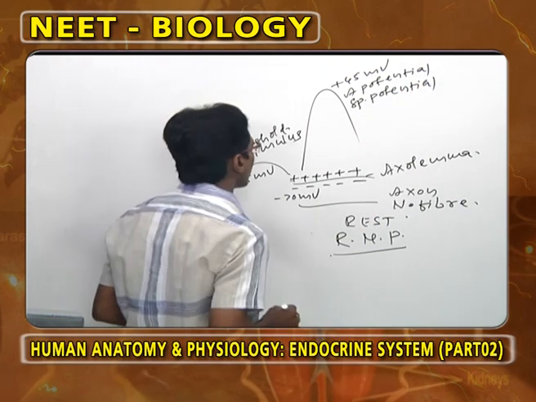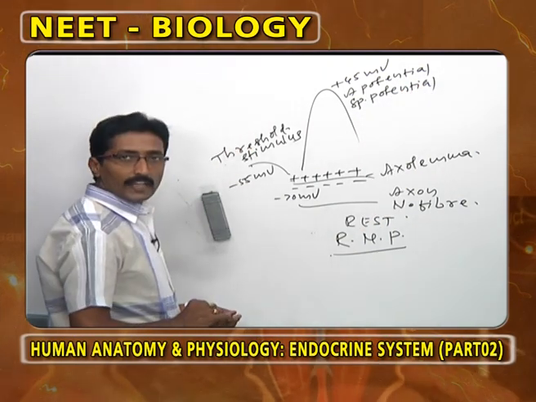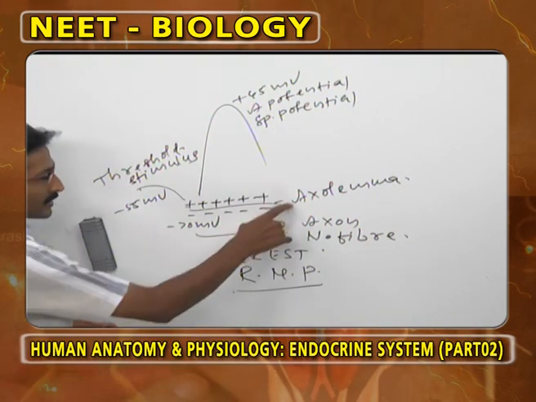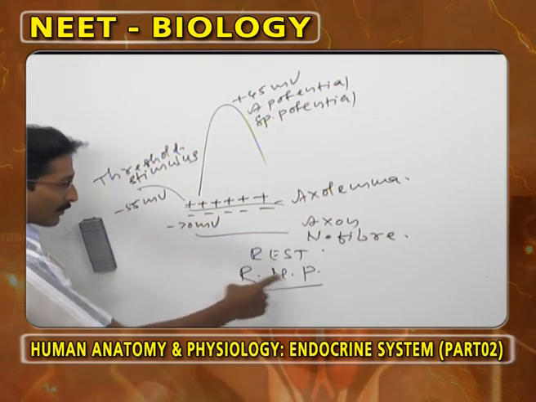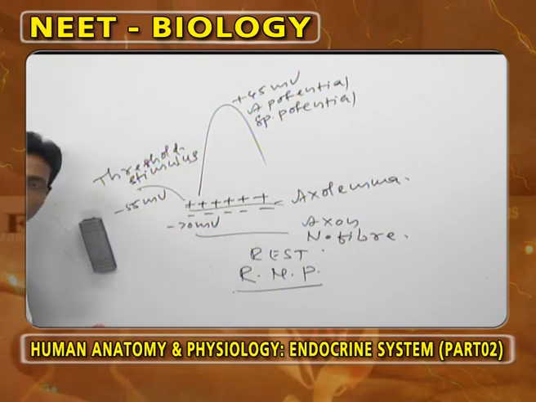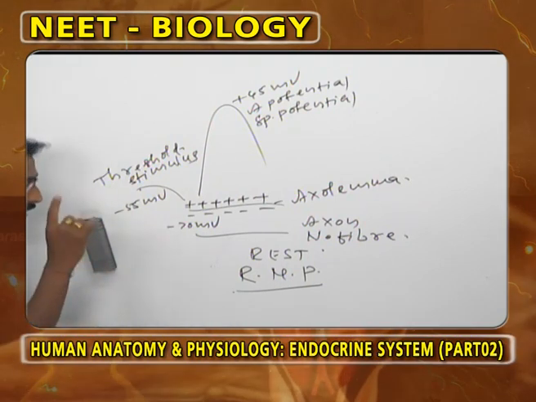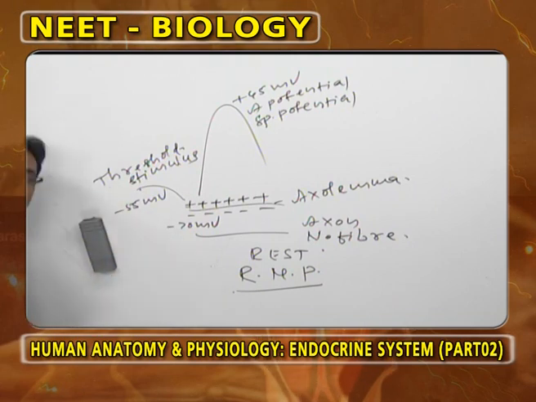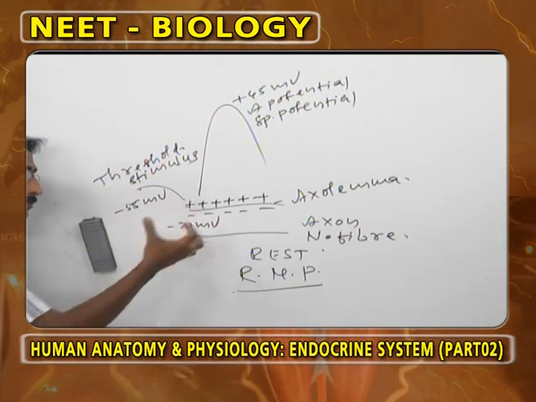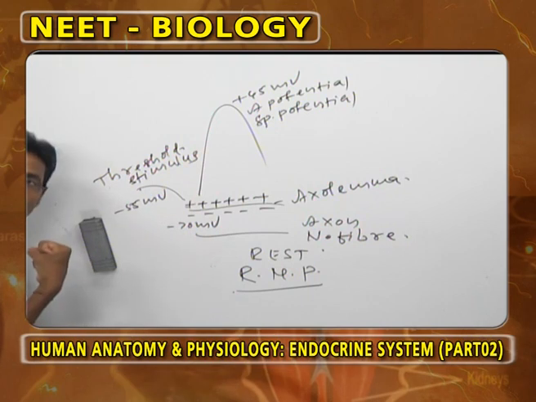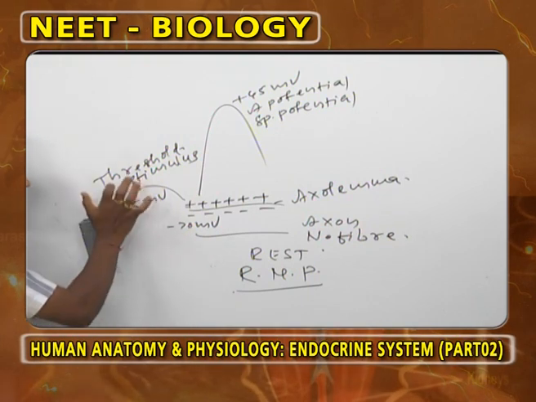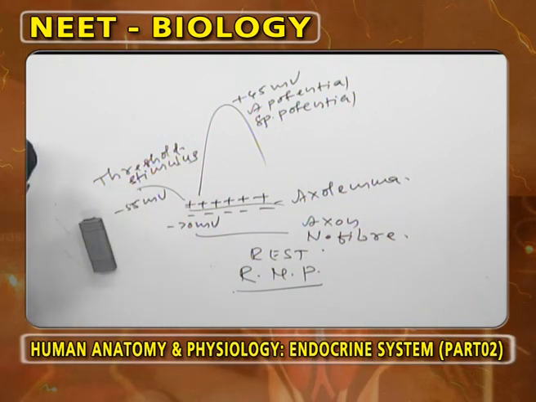Again, whenever the axolemma is at rest, what type of potential? Resting membrane potential, which is minus 70 millivolts. In this stage the axolemma receives the stimulus. What type of stimulus are we giving? Threshold stimulus.